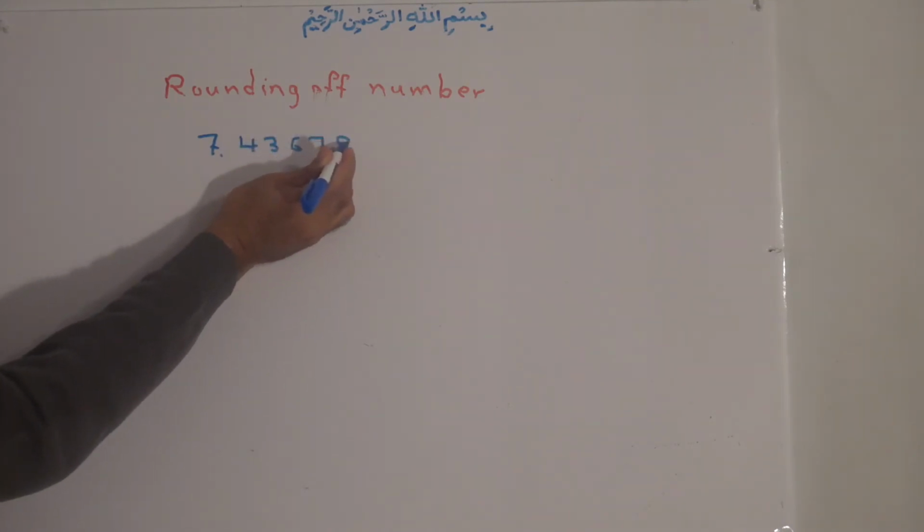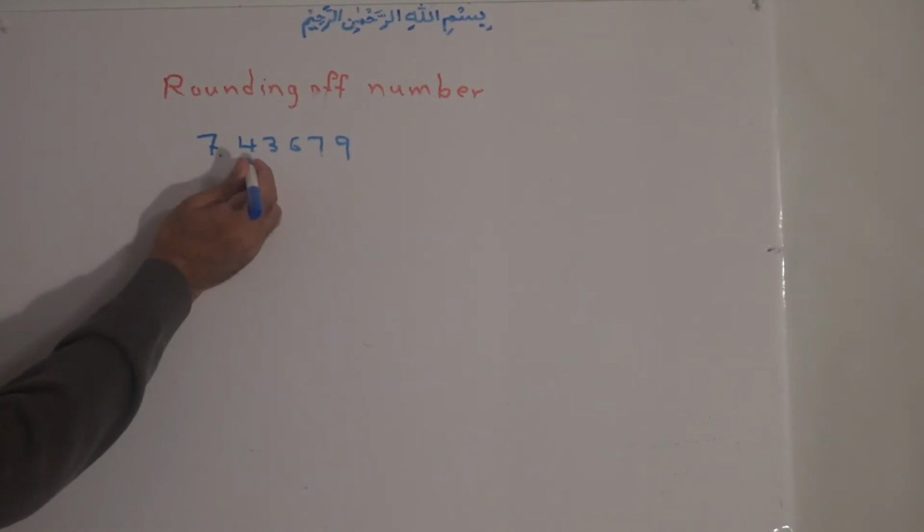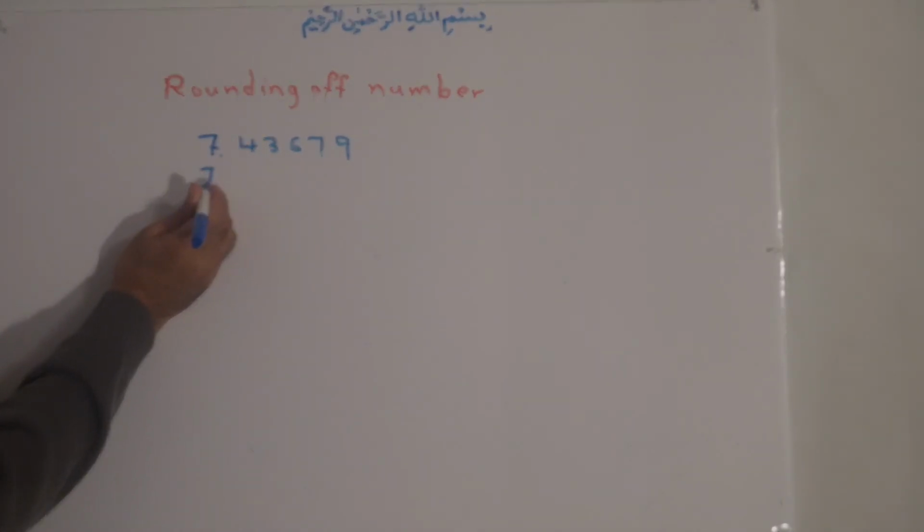7.43679. In this particular problem, we need 2 decimal places.